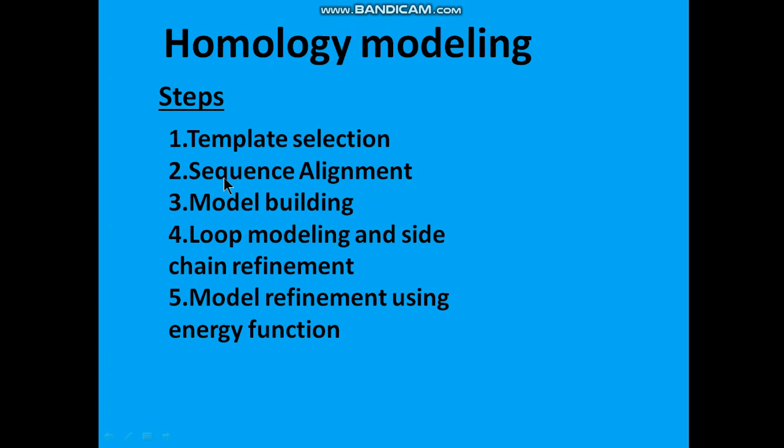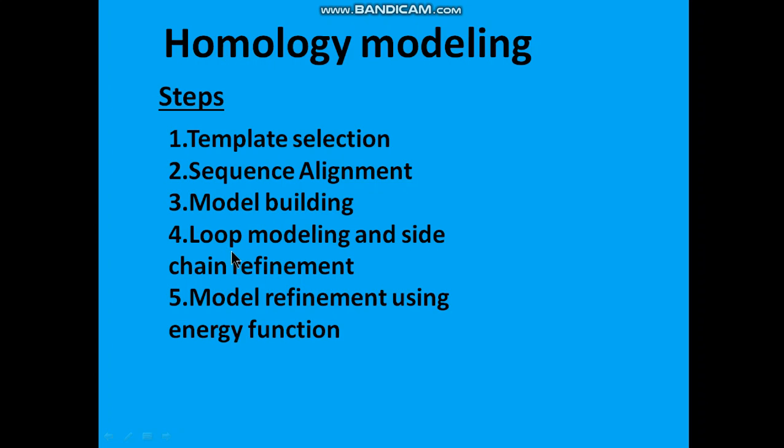Then you need to do the modeling, and so you have a sequence alignment. That means you have a template, that's also called sequence alignment, and now you have to build a model. If you know the template and you go through this process, yes, we may get the model which we need.